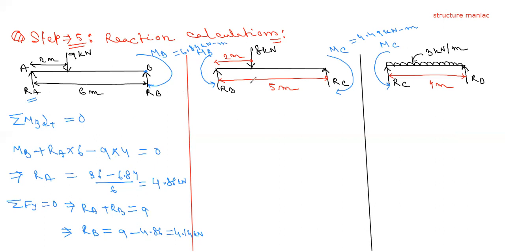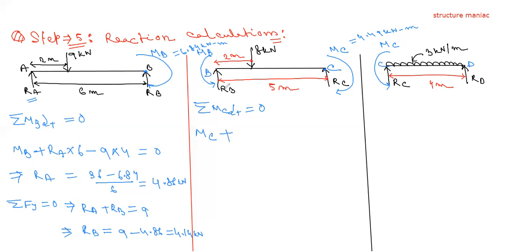Now, similarly for span BC, and this one is CD. For BC, again consider the moment about C, clockwise positive, equal to 0. Taking all the forces and moments about this point, at point C we have a moment MC that is clockwise positive.